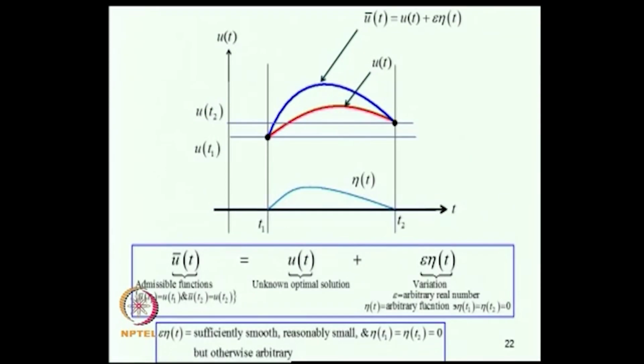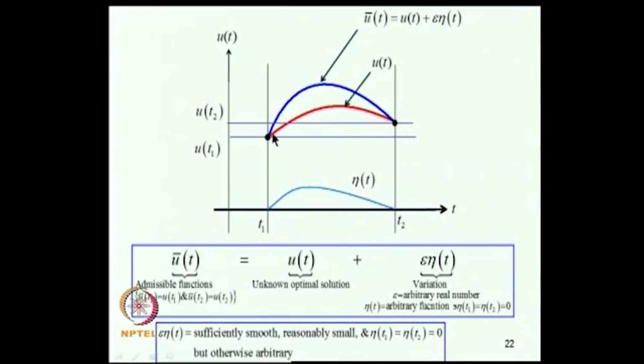So, let us see this in some detail. Assume that at t equal to t1 the mass is here, and at t equal to t2 it reaches this place. Now, this red line that you are seeing here is the unknown path, the unknown optimal solution, that is the actual path taken by the mass, which is not known beforehand.